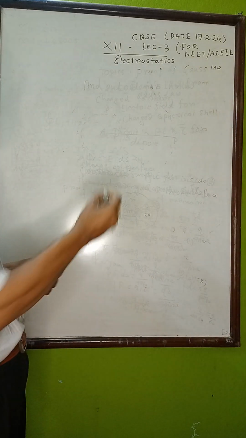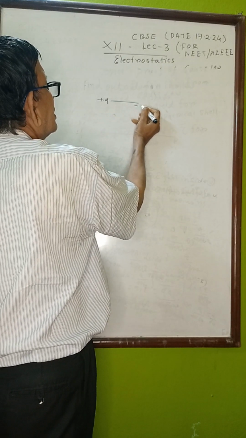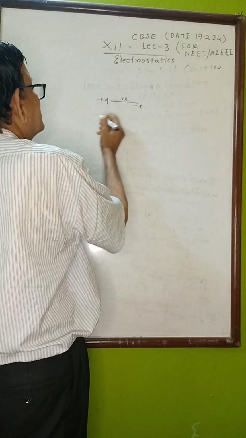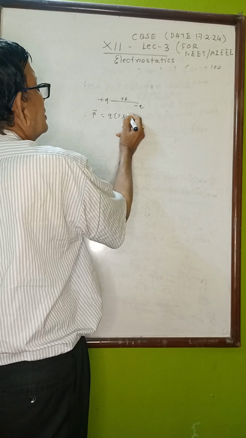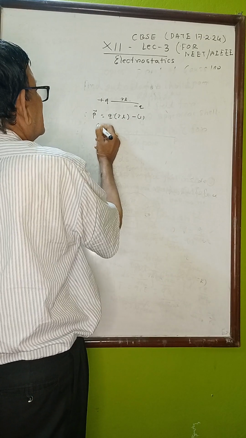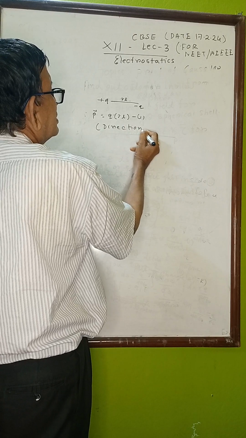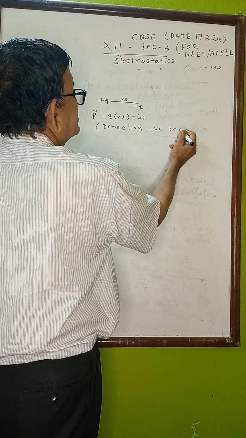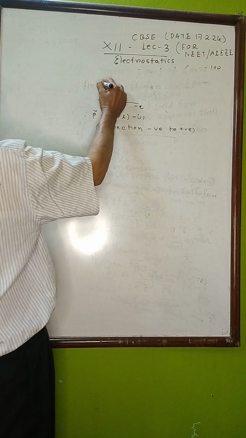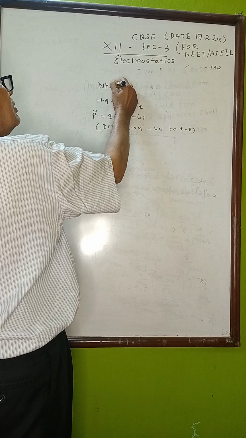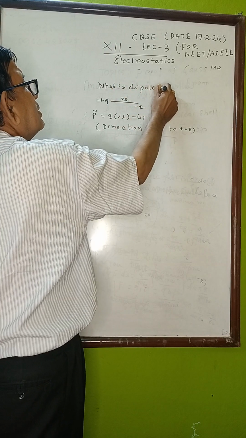So what is a dipole? Two equal and opposite charges separated by a very small distance. The dipole moment equals q into 2l. The direction is from negative to positive. So I have told you what a dipole is.